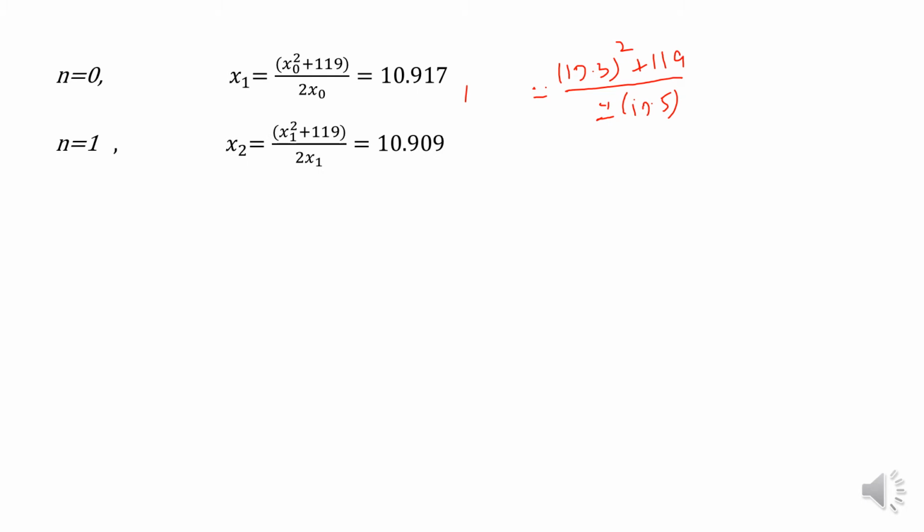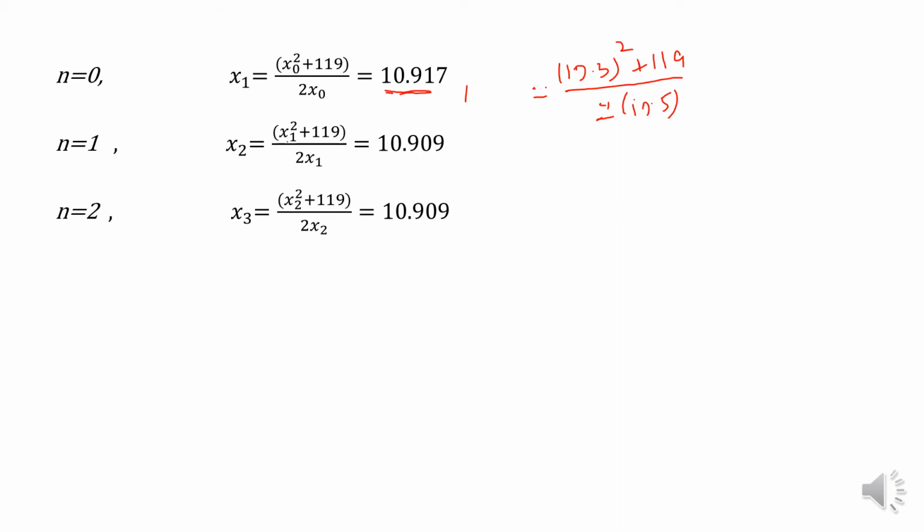Put n equal to 1, x2 equal to (x1 square plus 119) divided by 2x1. In a similar way, our x1 is 10.917. Substitute that here. After solving using calculator, we'll get our x2 as 10.909. Put n equal to 2, we'll get x3 equal to (x2 square plus 119) divided by 2x2.